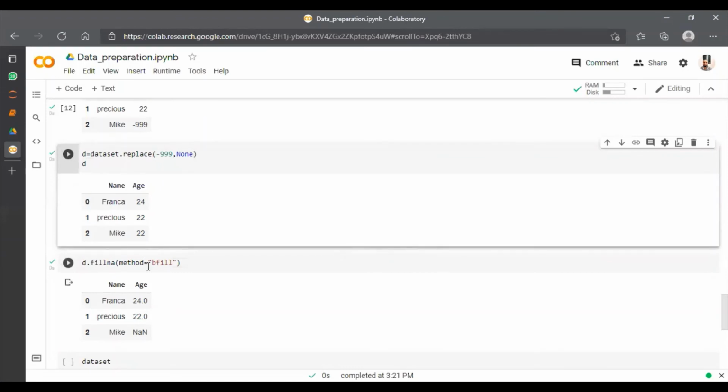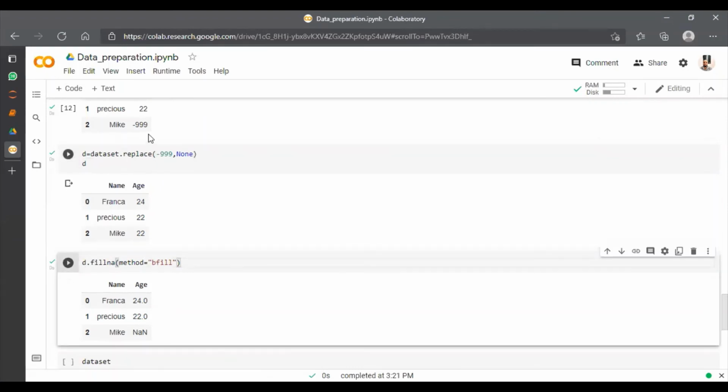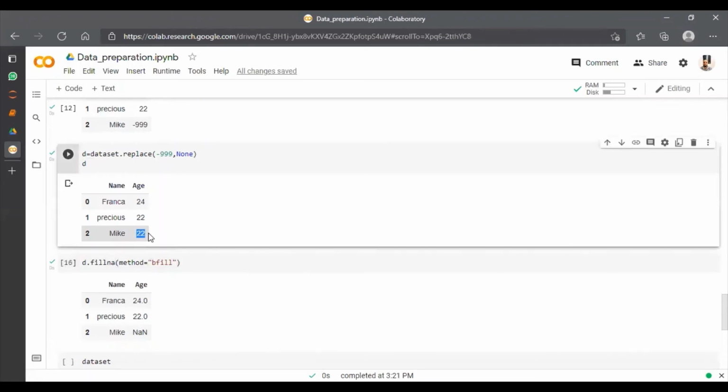I'm going to see the reason why it's taking the previous values. I'm expecting it to take none in this value instead. So let's just move to another data preprocessing method. Let's move to another data. Okay.